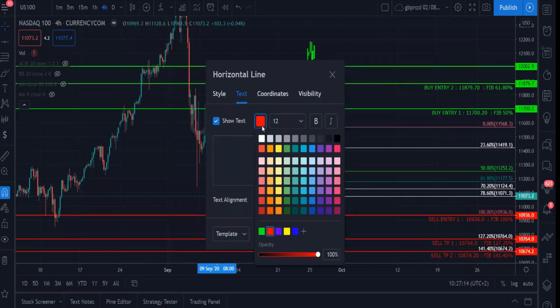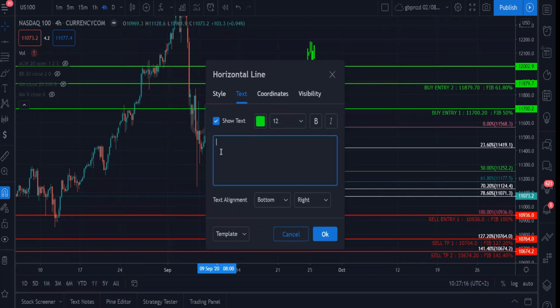Let's call this buy entry 1. We'll amend the other one just now, buy entry 1 at 11419.10.